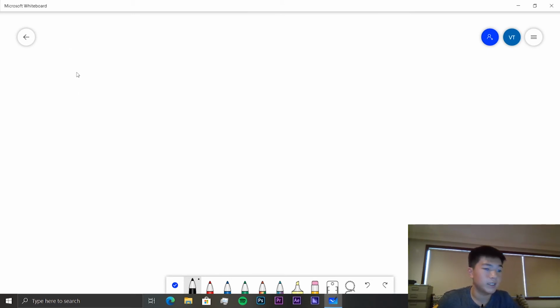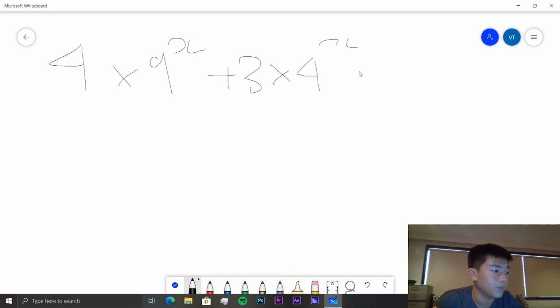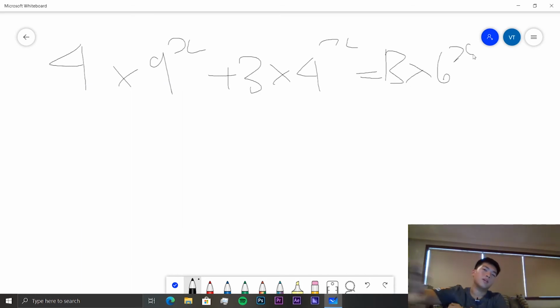Question 16, solve the equation 4 times 9 to the x plus 3 times 4 to the x is equal to 13 times 6 to the x. Ooh, okay. What would be the best way to do this?